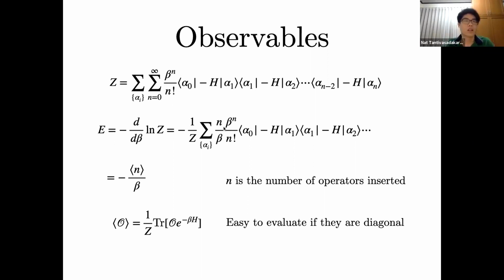So the energy can be evaluated as the expectation value of minus n divided by beta, where n is the number of operators inserted in your operator string. So if you sample over all configurations that vary in the number n, the expectation value of n can tell you the energy of your Hamiltonian at finite temperature.